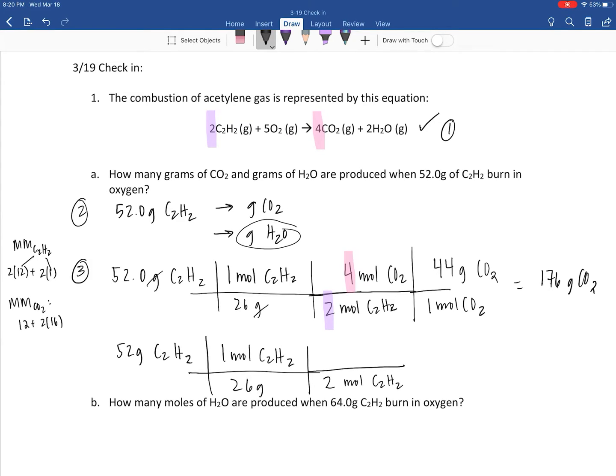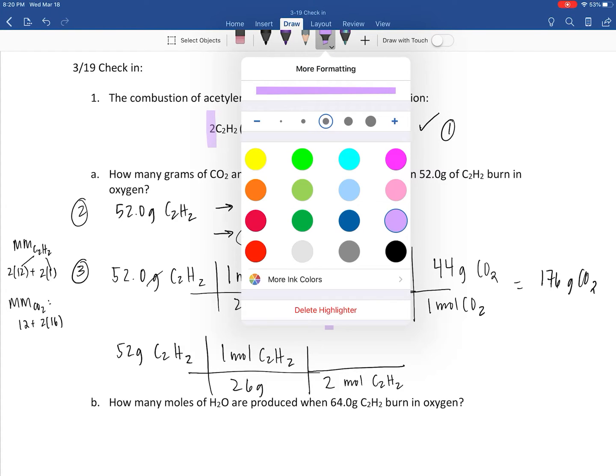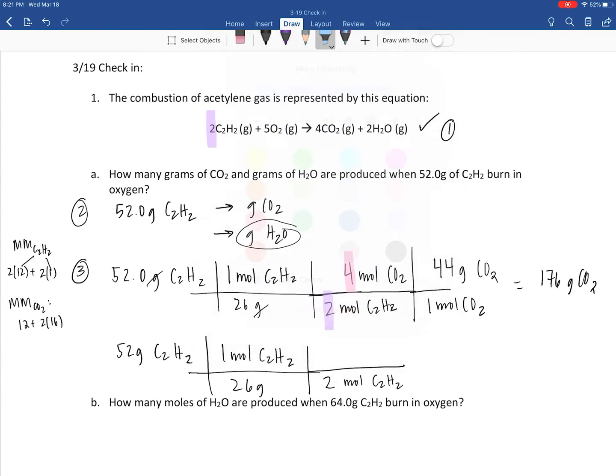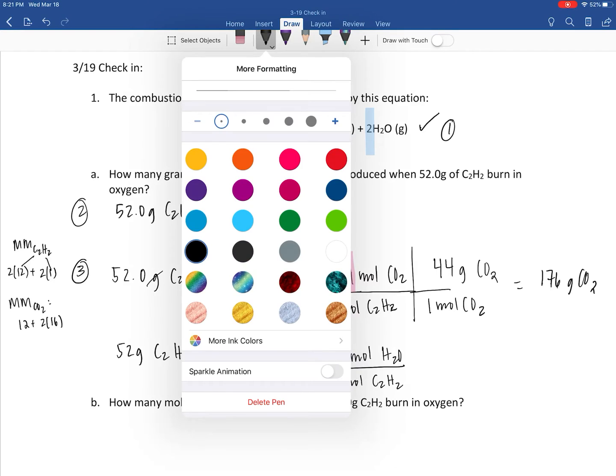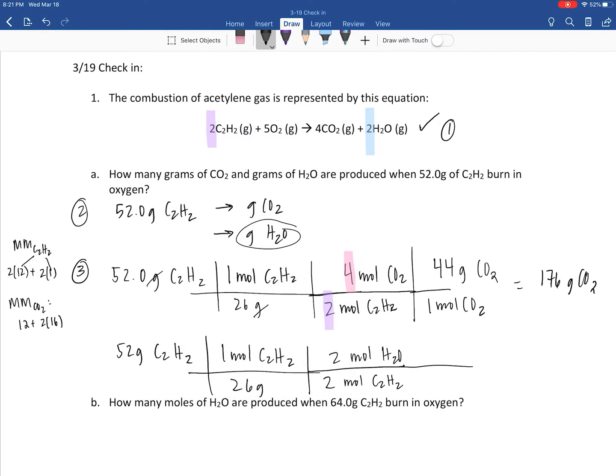And then up top, now, let me erase my 4 moles. Now, let me do the blue. For water, we're going to use 2, okay? So, 2 moles of H2O. So it's a 1-to-1 ratio, right? 2 moles to 2 moles.